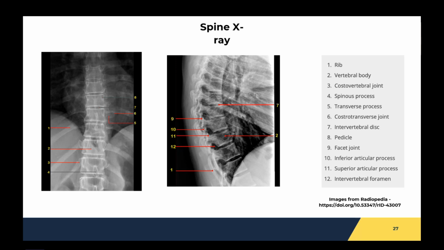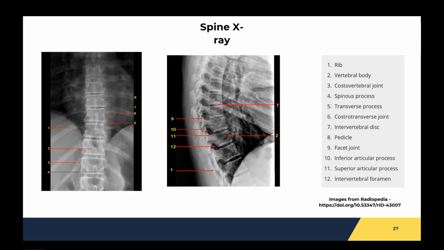One of those is the anterior vertebral line, and that follows the anterior parts of the vertebral bodies. Then you have the posterior vertebral line, which follows the posterior parts of the vertebral bodies, and then you have the spinolaminar line, which lies just posterior to the spinal canal.